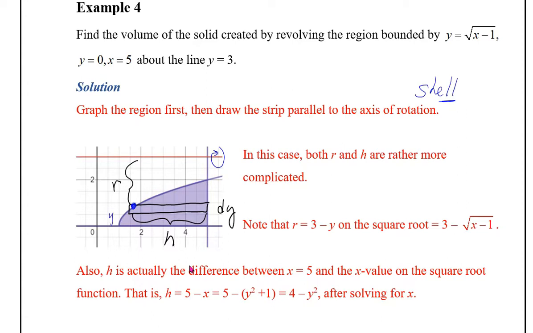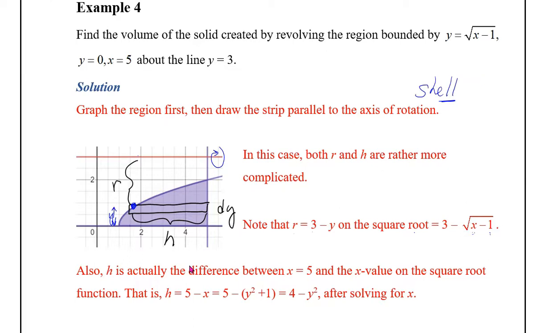So y, in this case, is coming from the x-axis up to that point. We want from here down. That's going to give us something different, which means 3 minus the y value on the square root. The y value on the square root is given by the square root of x minus 1, so our radius is 3 minus the square root of x minus 1.